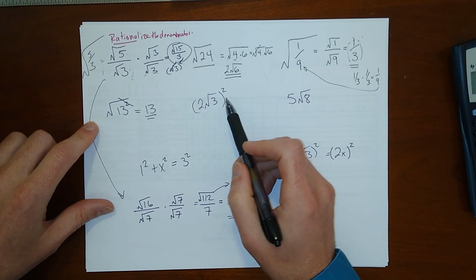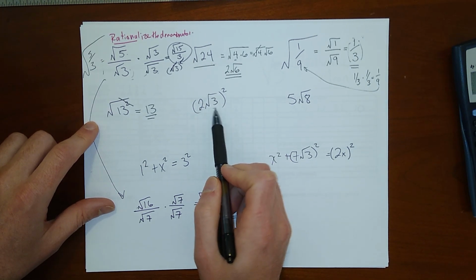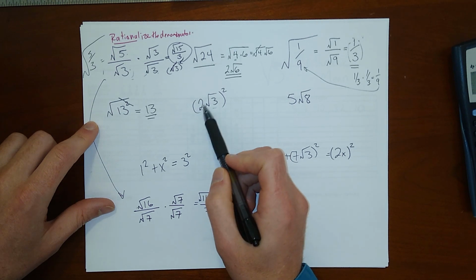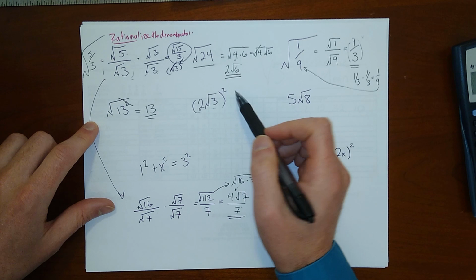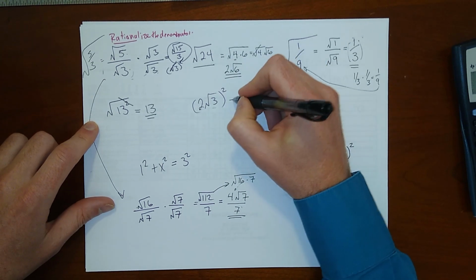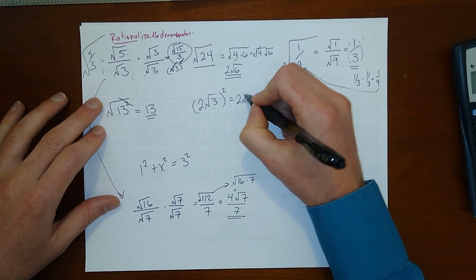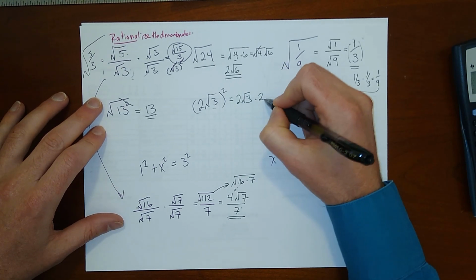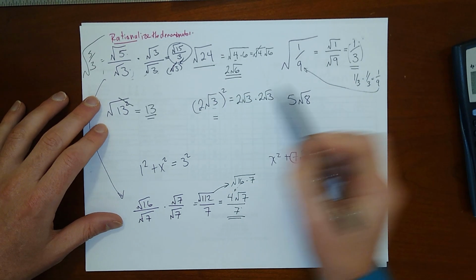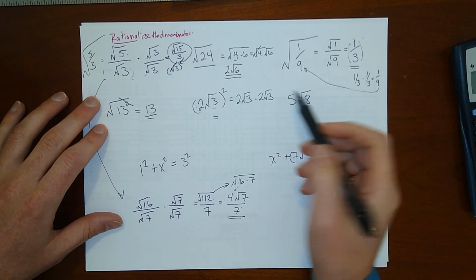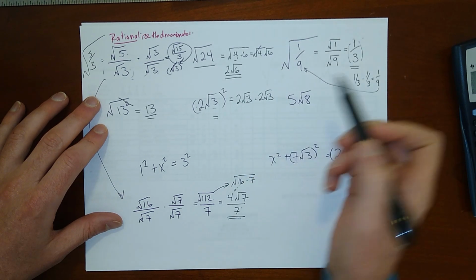If I have a more complex radical number, with two parts, a whole number part and a radical part, and I square the whole thing, remember squaring is you multiply the whole thing by itself. So this means 2 root 3 times 2 root 3. It's not 2 times 3, it's 2 times 2 times root 3 times root 3.